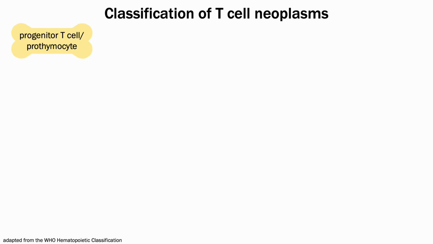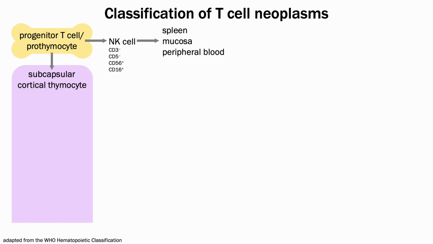The life of the T-cell starts in the bone marrow with a hematopoietic stem cell, not pictured here, which can differentiate into a progenitor T-cell or prothymocyte. These can go out to become NK cells, which travel to spleen or mucosa or circulate in the peripheral blood. The prothymocytes can also travel to the thymus to become subcapsular cortical thymocytes, which can differentiate into gamma delta T cells, which can travel to spleen or mucosa or circulate in the peripheral blood, and can also go to the skin.